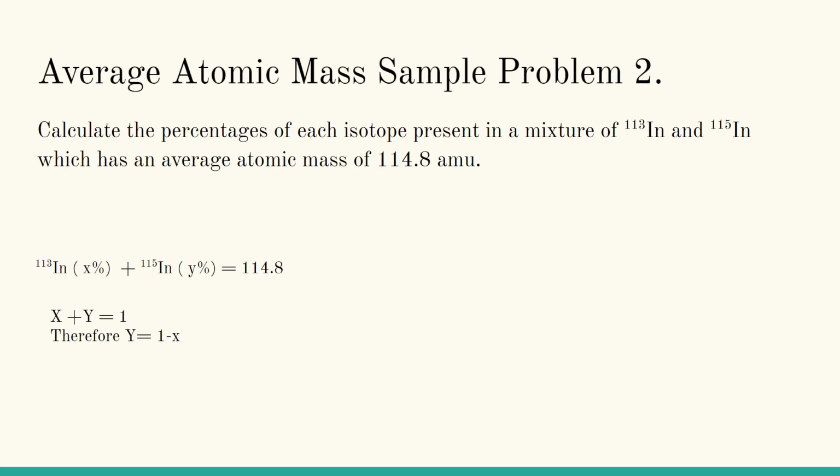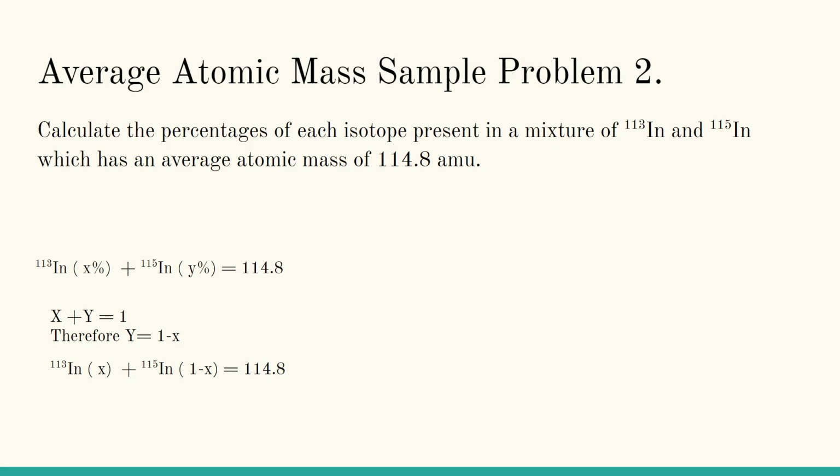Therefore, we can also say that Y is going to equal 100%, or 1 minus X. And once we do that, we now have the same variable in our equation. Notice we have an X as our only variable. If we only have one variable in our equation, that means that we can easily solve this equation.